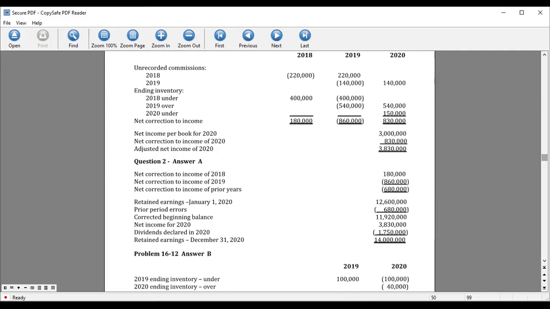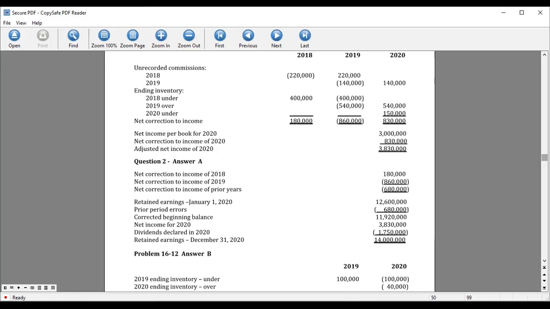The retained earnings balance on December 31, 2020. So we now get the amount of net corrections for 2018 and 2019, net correction to income of prior year. Then we have retained earnings, January 1, 2020, reflecting the effect of prior period errors.